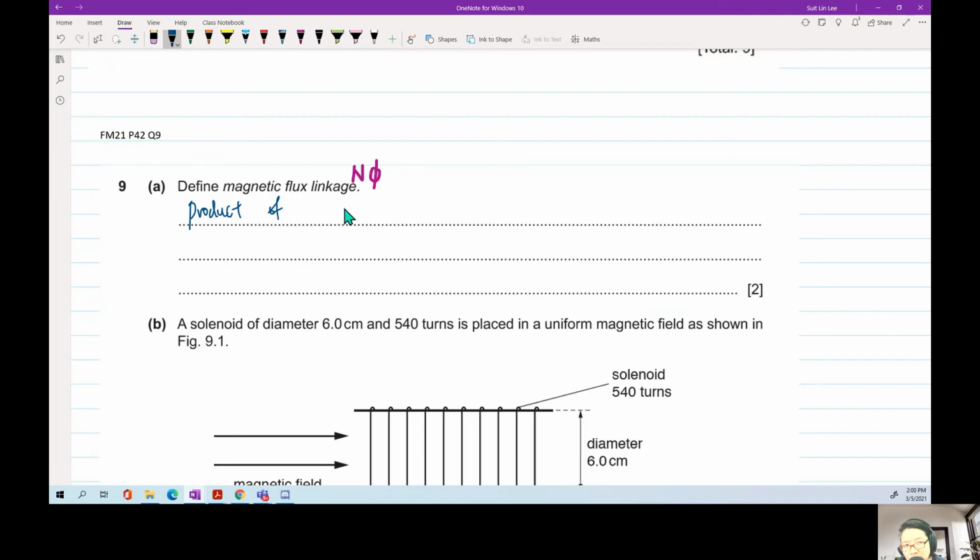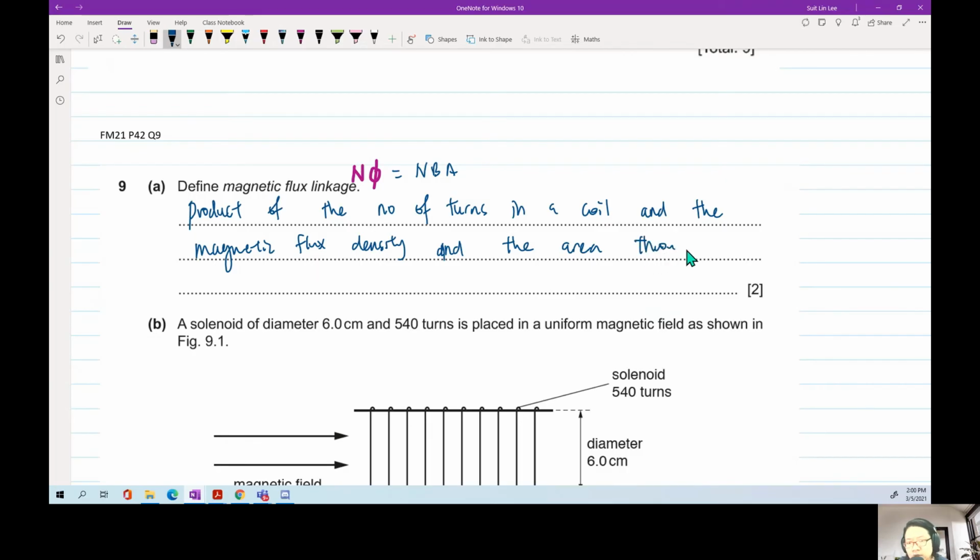This is the product of the number of turns in a coil and the magnetic flux density and the area of the coil, so this one is also NBA, where the flux density and area are normal to each other.